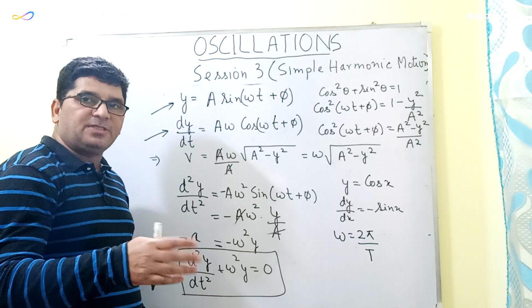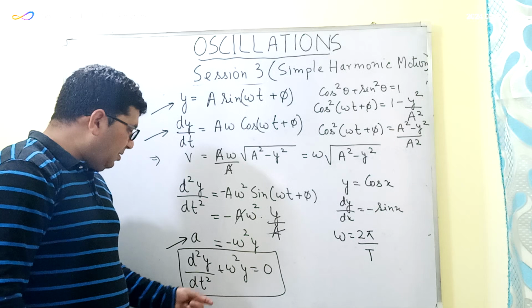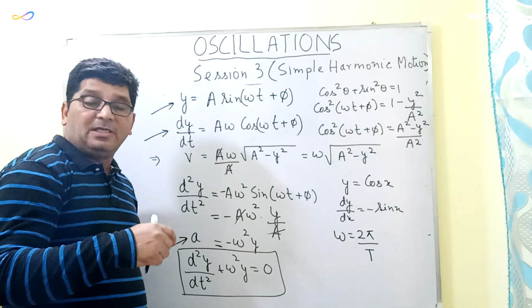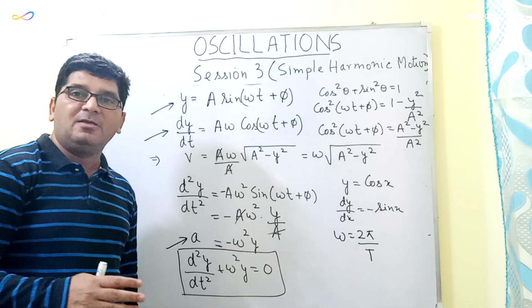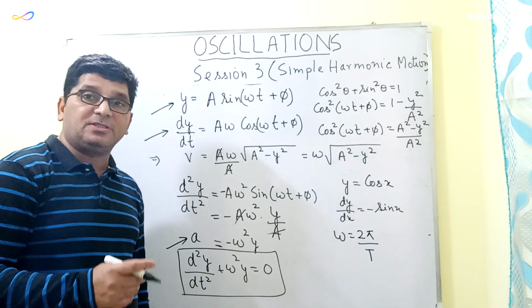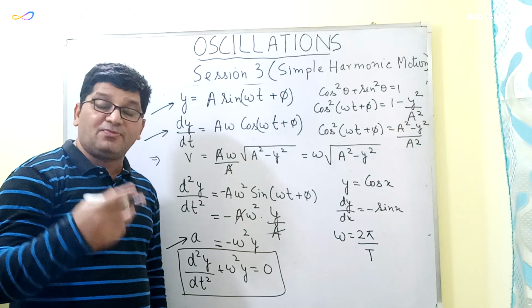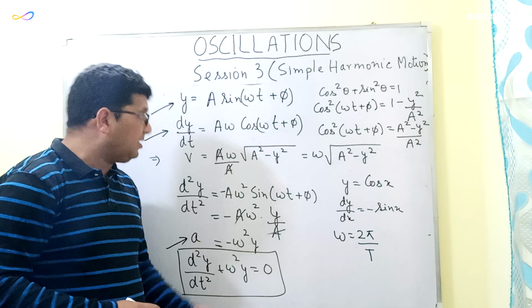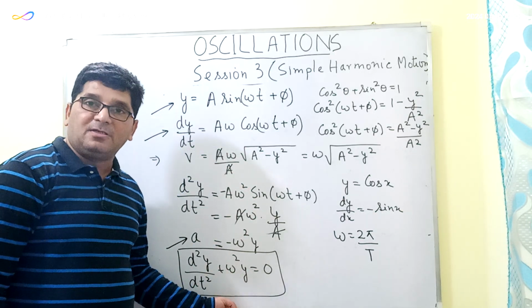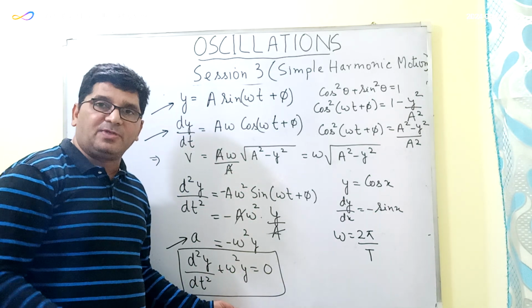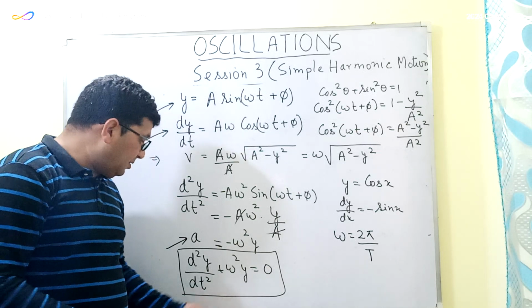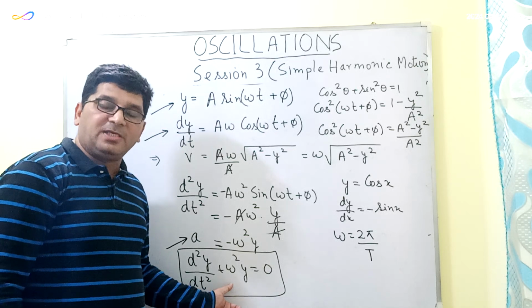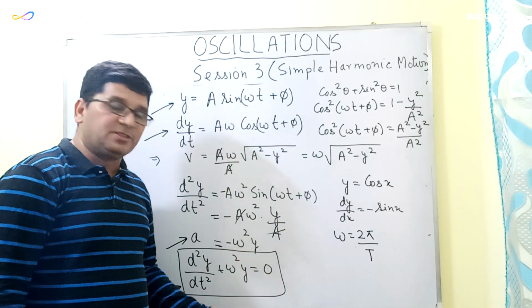If I have the displacement equation of a particle executing simple harmonic motion, and I differentiate it two times, and if I get the second differentiation in this form, then we can say that the particle is executing simple harmonic motion.